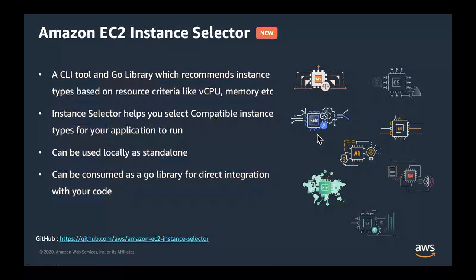So, right now we have got more than 300 types of instance choices on AWS, right? Which instance is best for you? You can go to the UI and search for those things, obviously, and find out which is the most important instance that you want to use, right?